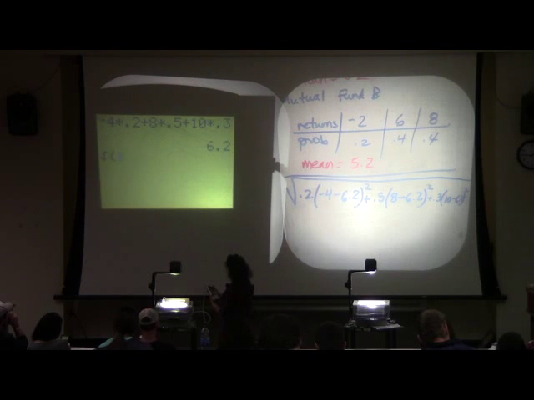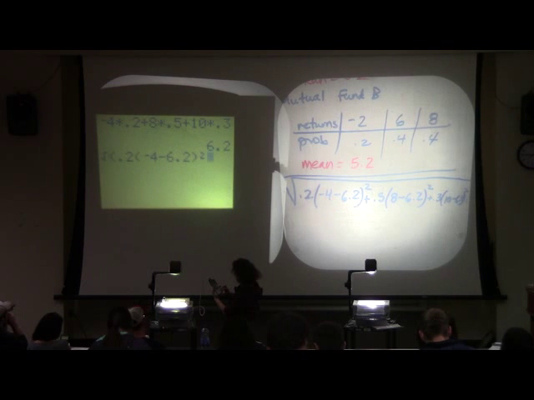Now you just type it as one long strand. So what do we have? We have 0.2. Notice I've got a parenthesis over there, so I'm going to put my parenthesis. I have -4 minus 6.2. I close that parenthesis, and then I square it.